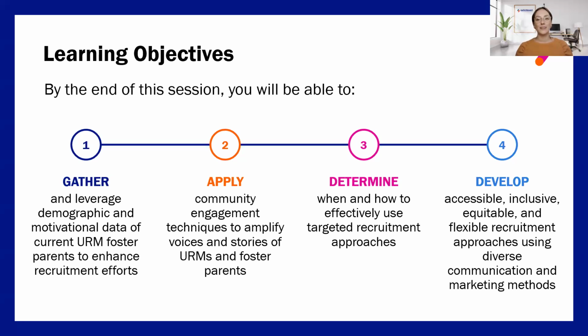Then we'll move to determining when and how to use the common and necessary approach of targeted recruitment. And then finally, we will close with, yes, this is a big learning objective, a lot to touch here, but we hope that you will be able to develop accessible, inclusive, equitable, and flexible recruitment approaches.